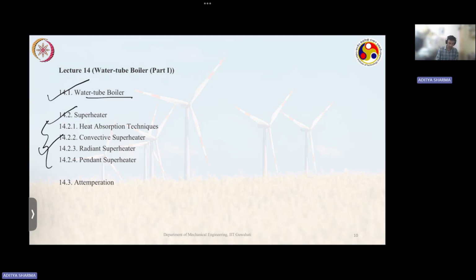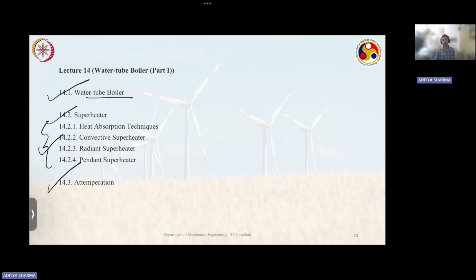then is your attemperation. So what is attemperation? So sometimes what happens is that we are heating our steam in the superheater, and then the temperature of the steam exceeds the design temperature, right?